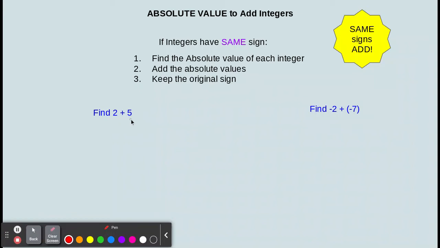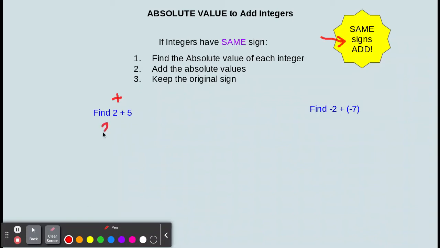Positive 2 plus positive 5. When their signs are the same, we add. Okay? So we're going to take their absolute values and we're going to add their absolute values. And we're going to keep the original sign. What's the original sign in this case? It's a positive. Both of them are positive.